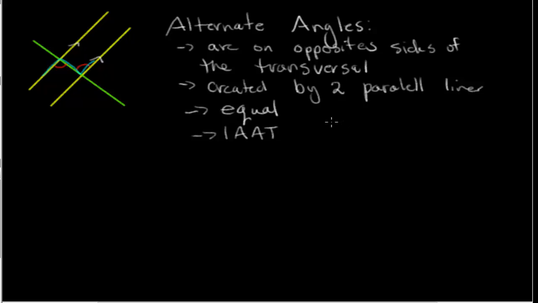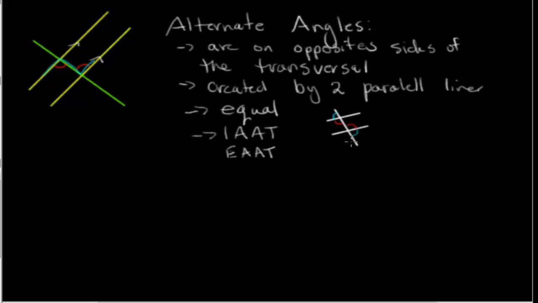So we've got our two parallel lines, our transversal, and we end up with alternate interior angles. And then we have alternate exterior angles, which is exterior. We end up with these two, kind of on the bottom and the top of the Z.